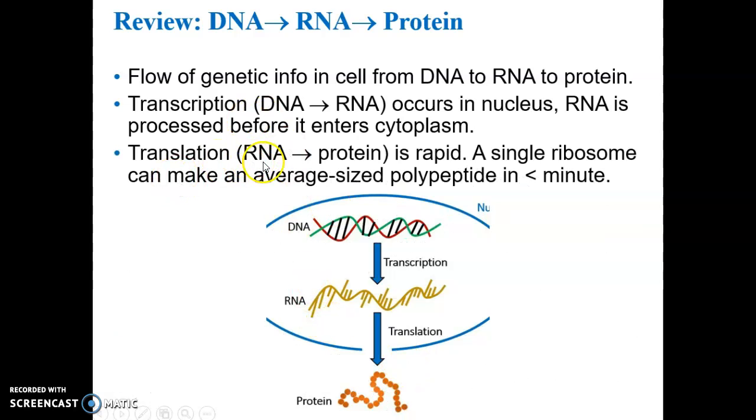The mRNA molecule latches onto the ribosome, and tRNA molecules bring in the appropriate amino acids, forming the polypeptide chain, and then the protein is ultimately produced. And it's a rapid process. A single ribosome can make an average size protein, 400 to 600 amino acids in length, in less than a minute.